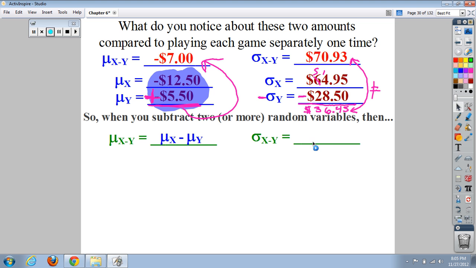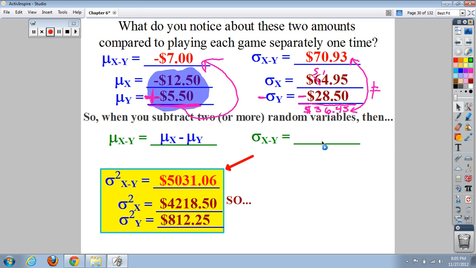Now, standard deviations, we just said not going to be simply just subtracting. Again, let's look at the standard deviations by looking at the variances. So again, these are the variances. But if I subtract these two numbers, I know I'm not going to end up with 5,000. Okay? We can never truly subtract standard deviations. Standard deviations may only be positive values.